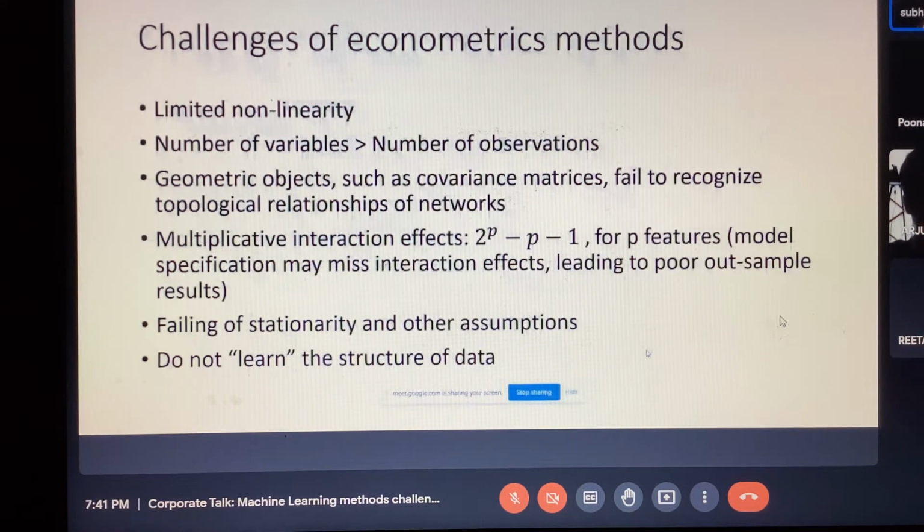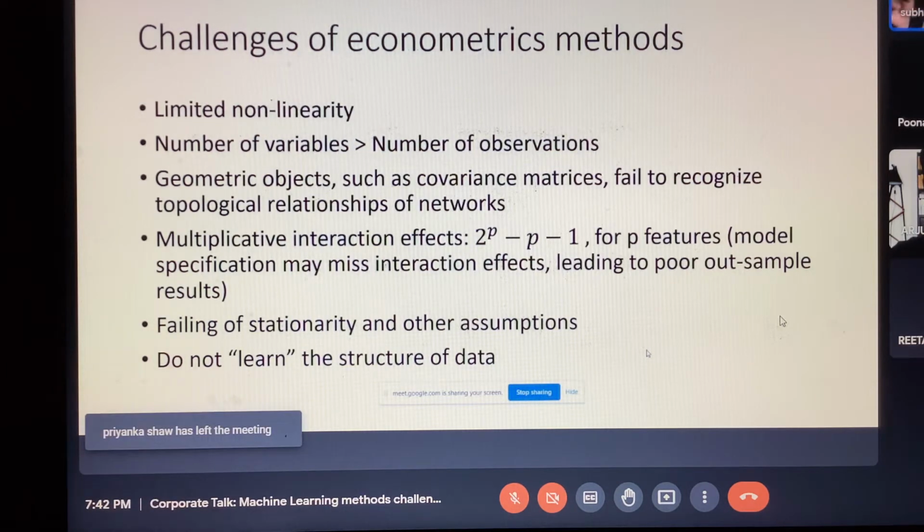Suppose you have the real exchange rate, the GDP of countries, and two more variables determining the volume of trade. Now there could be a multiplicative interaction effect too, because you have x1, x2, x3, x4 determining y. There could be a multiplicative term like x1 times x2 determining y.